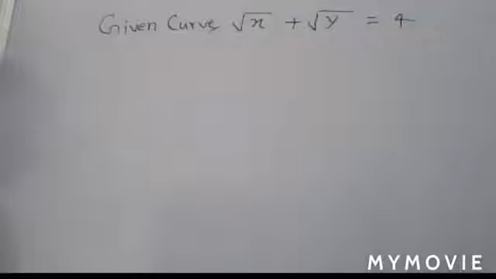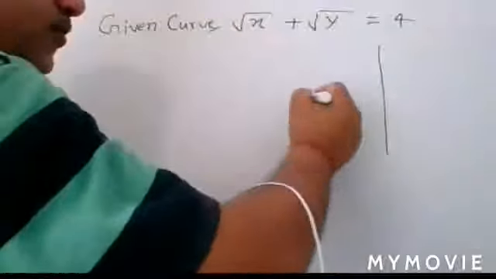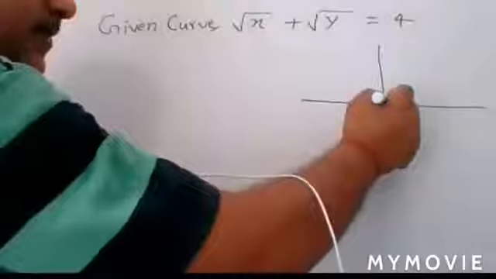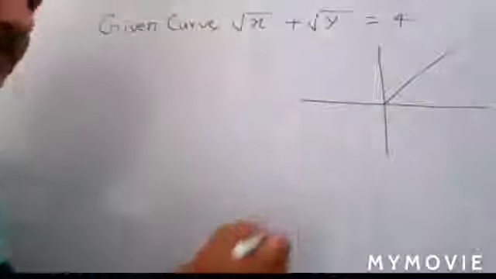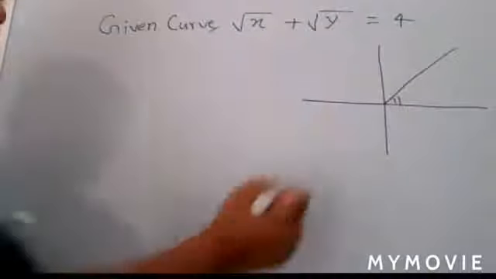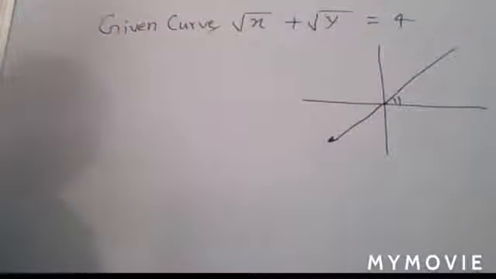So here you have to find the point on the curve for which the tangent is equally inclined with the axis. And if any tangent is equally inclined with the axis, then what is its slope? Suppose here you have the axes, so there is a possibility that this makes an angle of 45 degrees with the x-axis. Okay, so you can extend up to this one also.